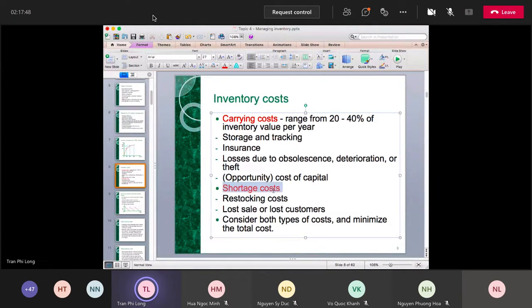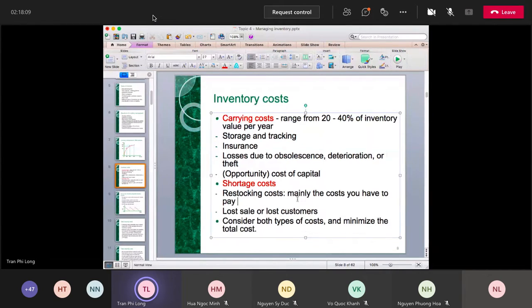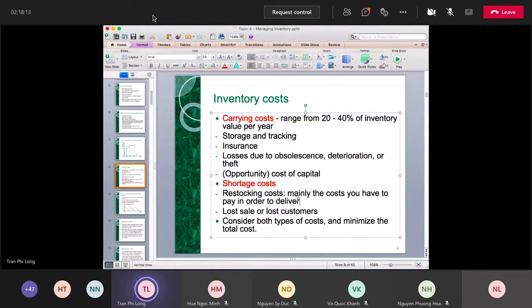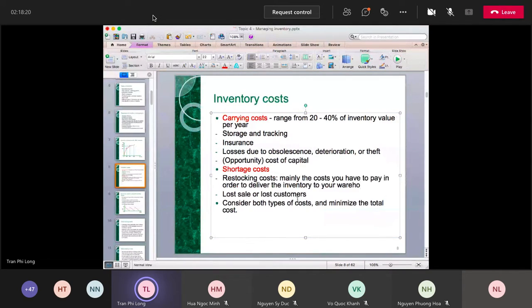And the shortage cost will include the restocking cost and the lost sale or lost customer. This one may be easy for you. So what is the restocking cost? The restocking cost will be mainly the cost you have to pay in order to deliver the inventory to your warehouse.